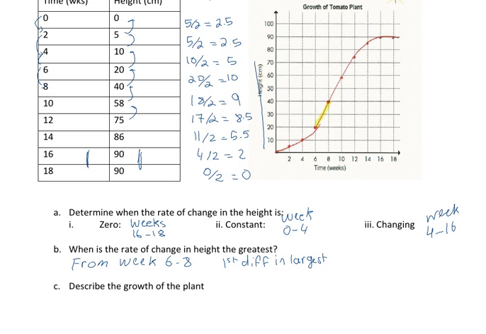I shouldn't say first difference, I should say the rate of change is the largest. The difference between first difference and ROC, or the rate of change, is that for the first difference, you're only subtracting the y's. Remember from last semester, when we did the first difference, we did y2 minus y1.